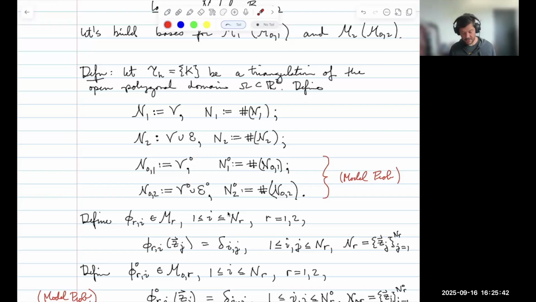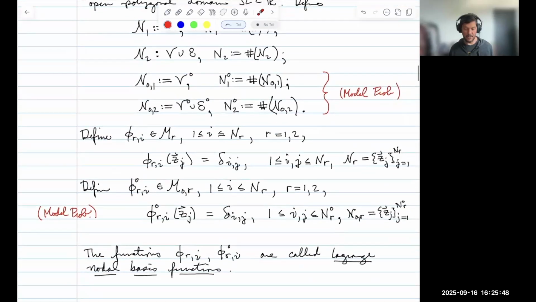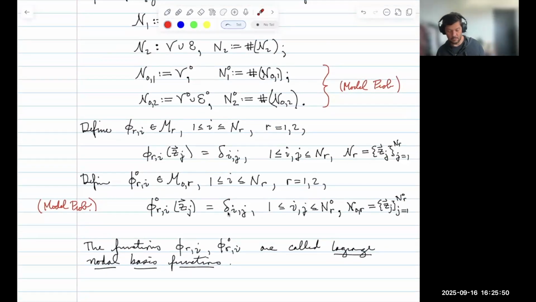The number of objects in this set is what I'm going to call n20. Okay, n20. And now it's a similar game that we played in one dimension. We're going to define basis functions, and now I'm going to define these for any r equal to 1 or 2.